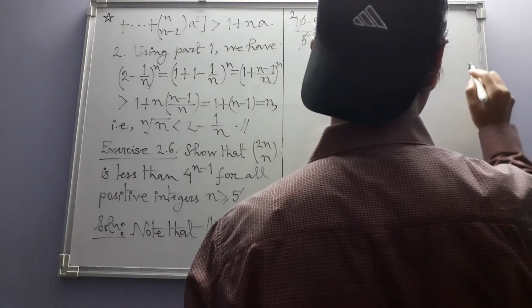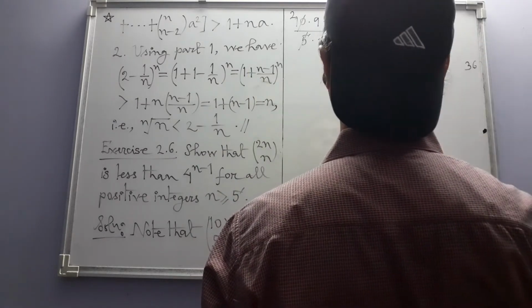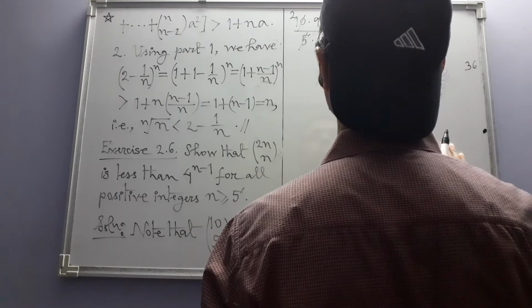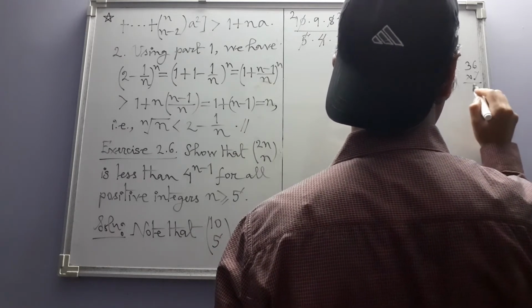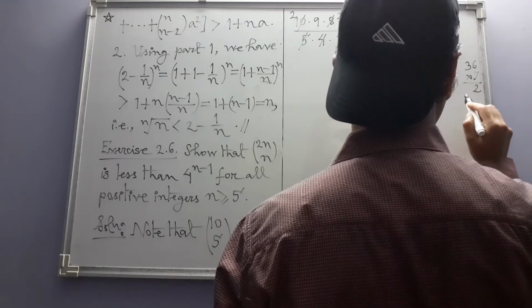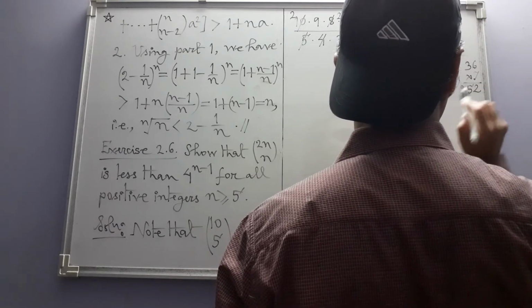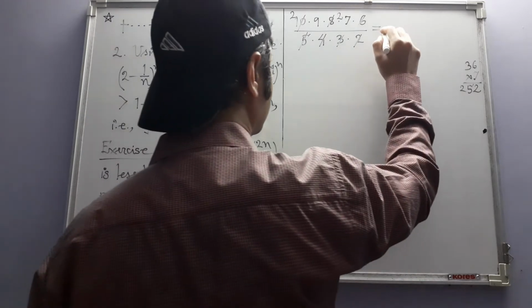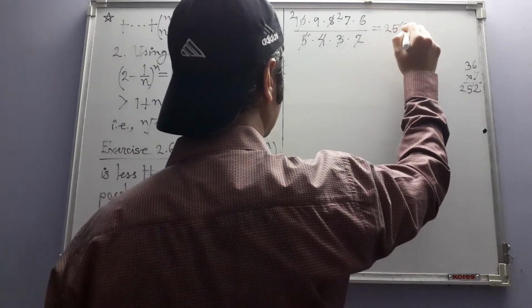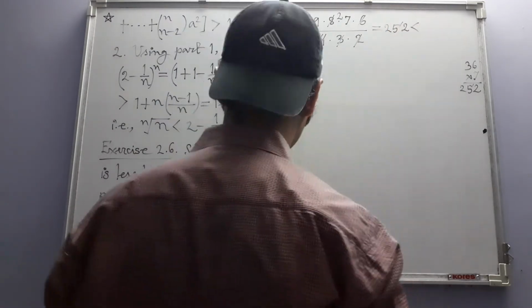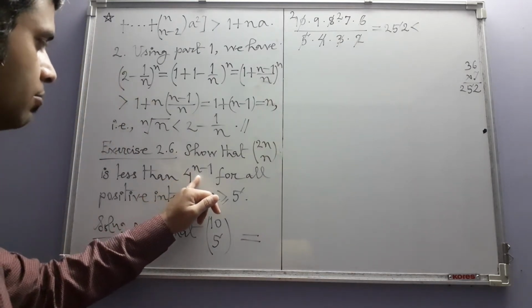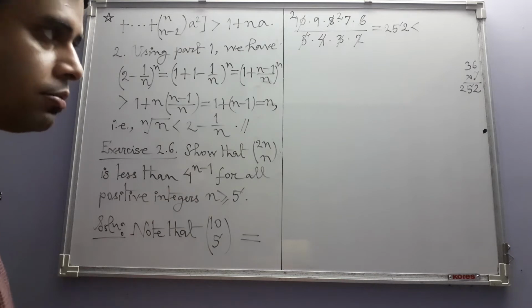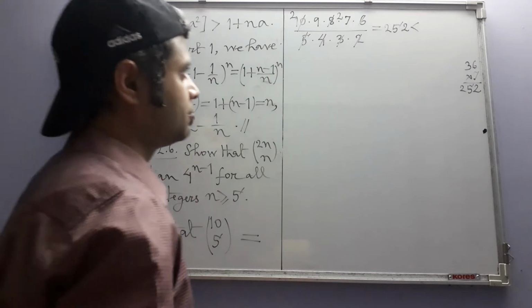So that means 252, which is less than, if we put n equal to 5, 4 to the power 4, 16 square, 256.